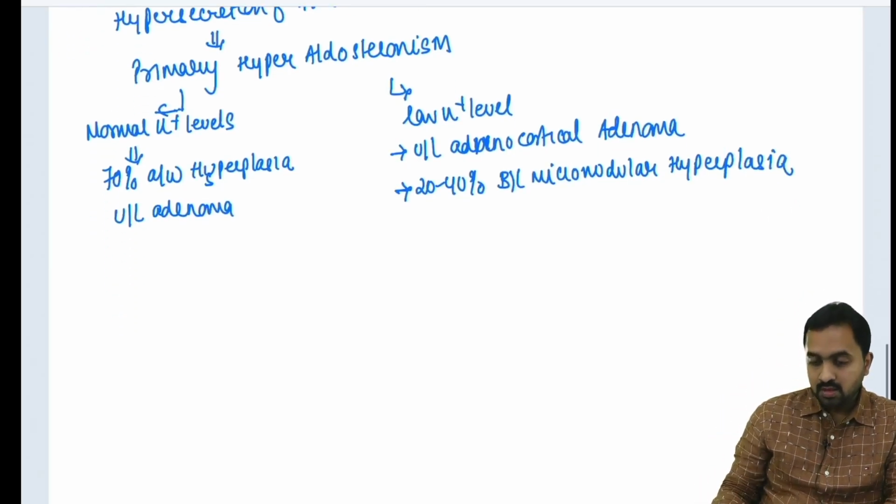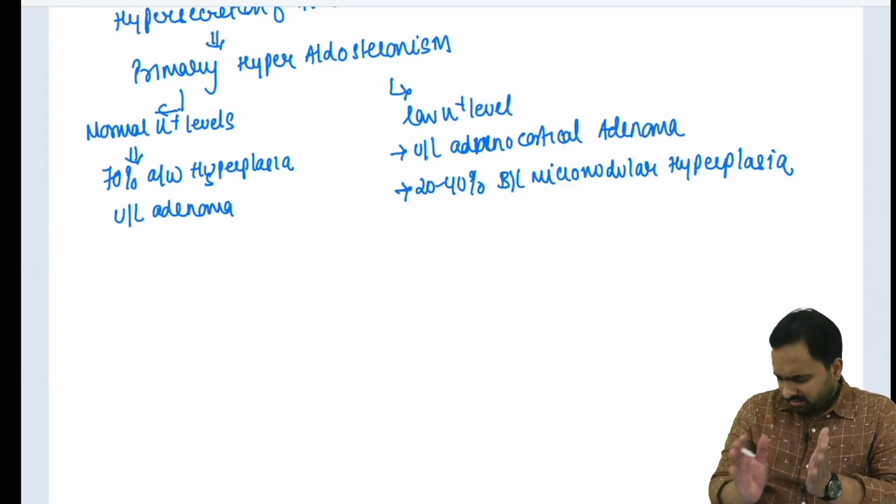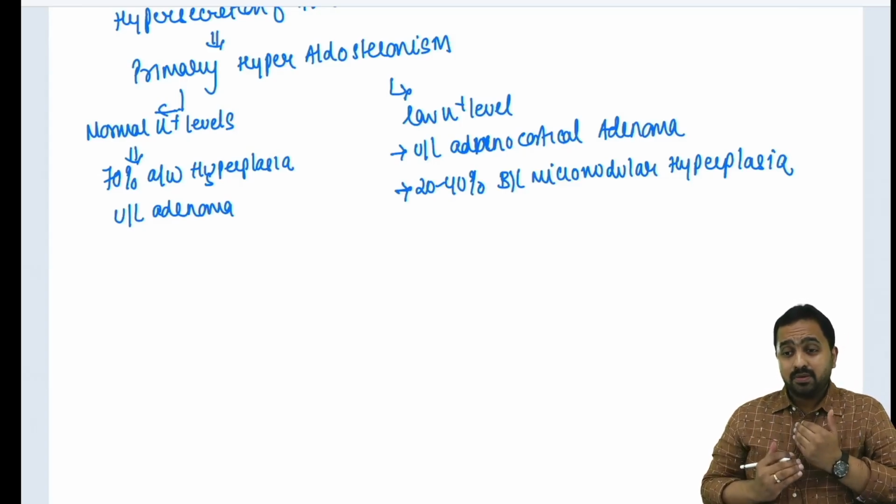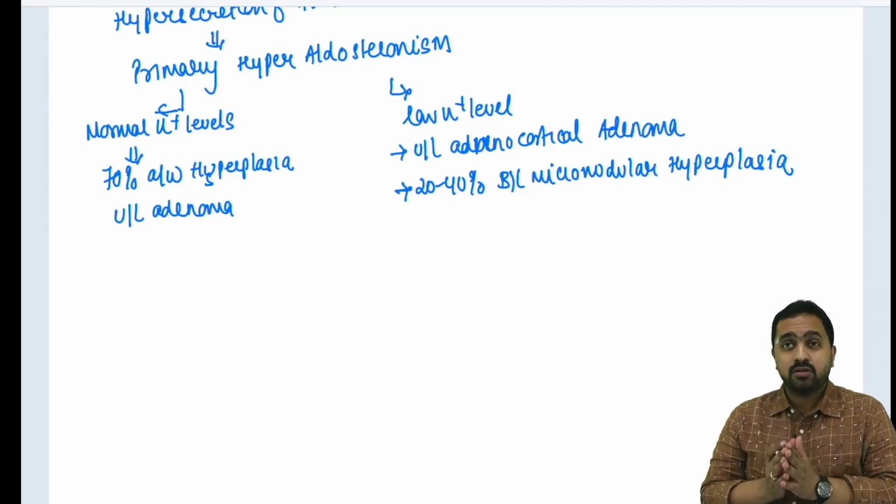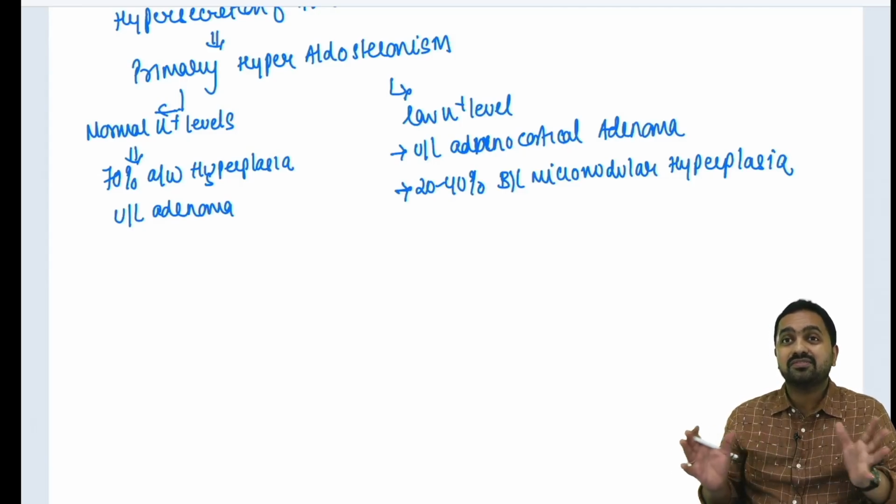hyperplasia. So, following this, the next important step in any primary hyperaldosteronism is to know the clinical features.